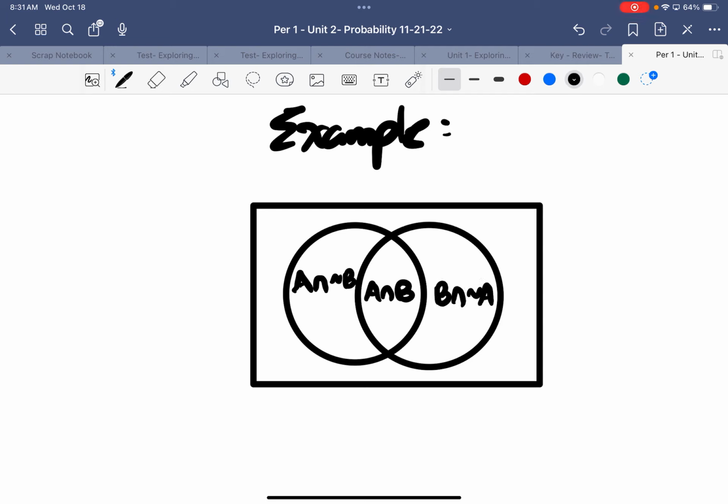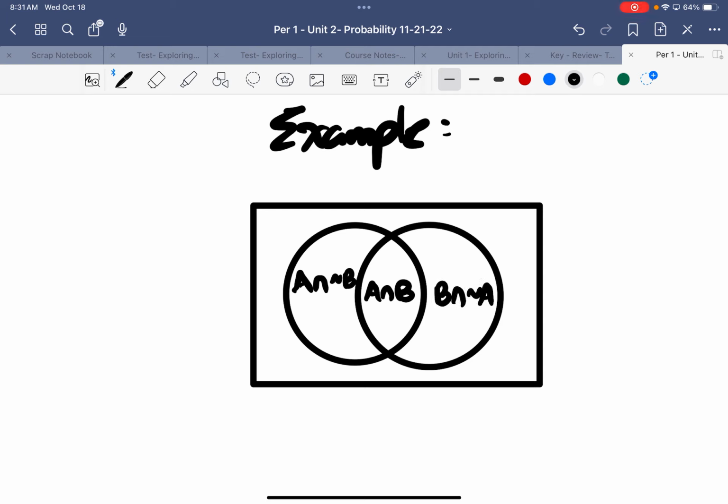Here's my set A. Then I have set not B, so everything except for B. Set A, set not B.